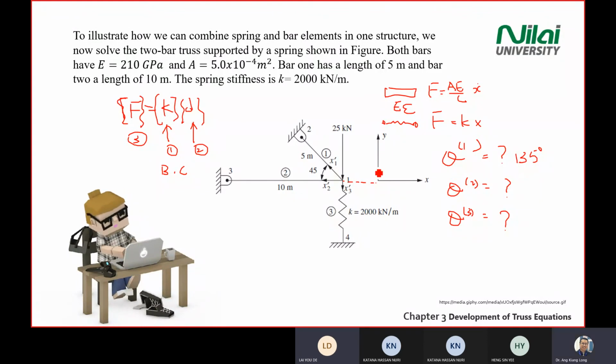How do you get 135 for element 1? Can you explain? 180 minus 45.